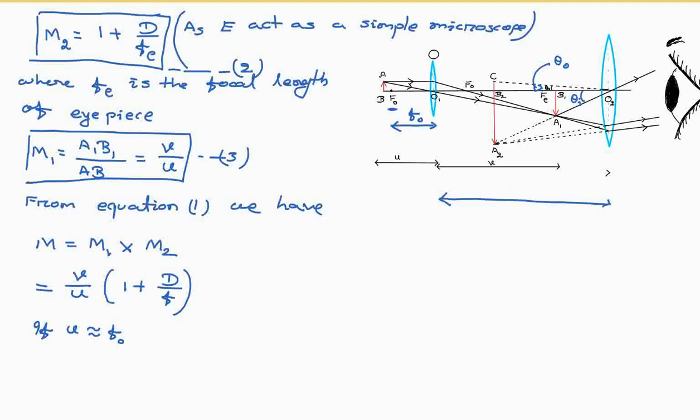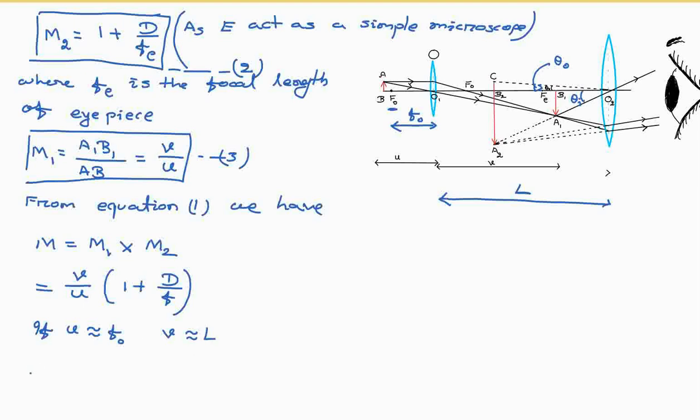Tube length means the distance between the objective lens and eyepiece lens is the tube length L. Okay, so if U is close to the FO, or object is close to the focus of the objective, then the object distance is nearly equal to the focal length of the objective lens and the image distance formed by the objective is nearly equal to the length of the tube.